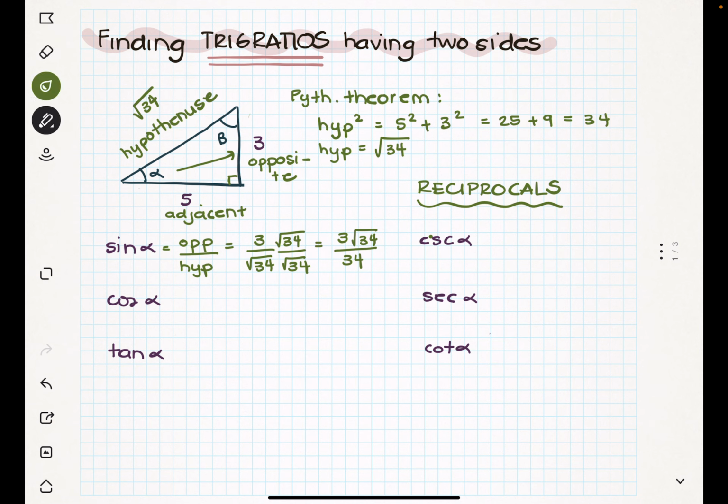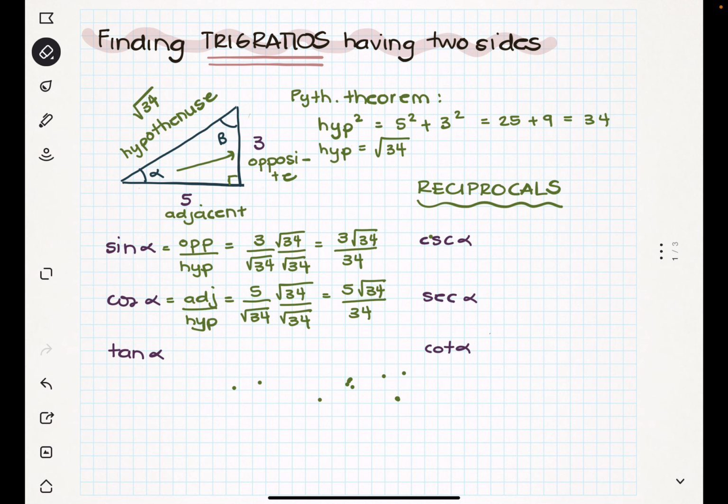And that's how we usually see these trig ratios whenever we have a square root. The cosine is defined as adjacent over hypotenuse. So my adjacent side is going to be 5. My hypotenuse is going to be square root of 34. And rationalizing my answer, I will get 5 square root of 34 over 34.